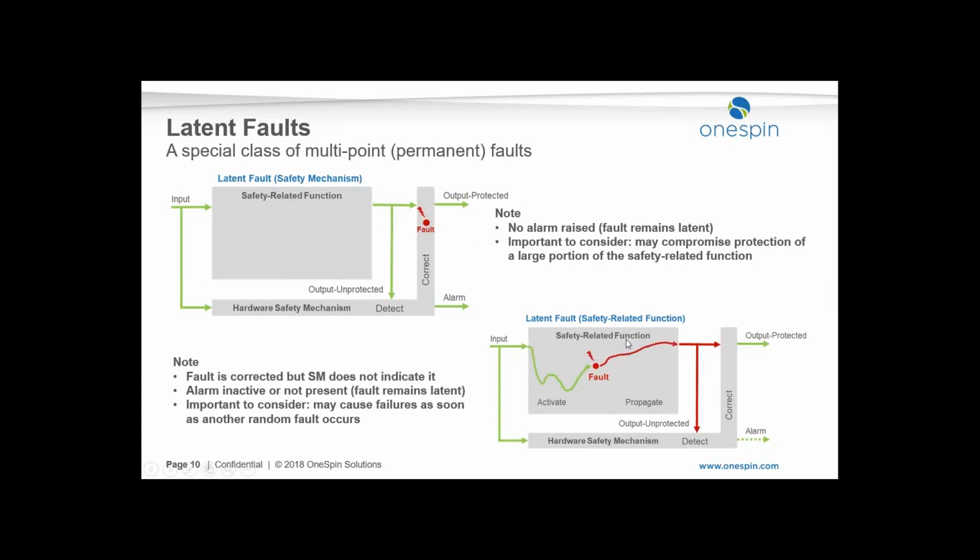So let's consider the scenario where you have a fault in the safety function. The safety mechanism detects it, corrects it, so you get the right output, but either you have no alarm in the safety mechanism, or for whatever reason, the safety mechanism is not raising the alarm.